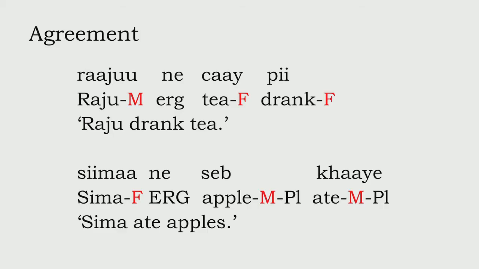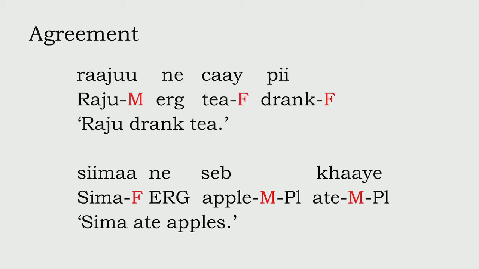And then finally, we give the meaning of the whole thing in English. So, Raju ne chai pi means Raju drank tea, where we see Raju is a proper noun, ne is an ergative case marker, chai is tea, and pi is drank.